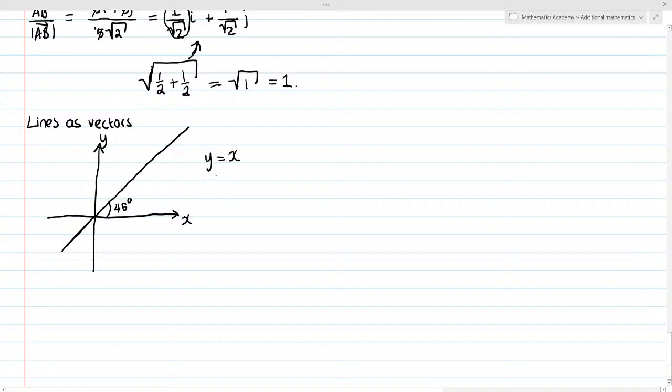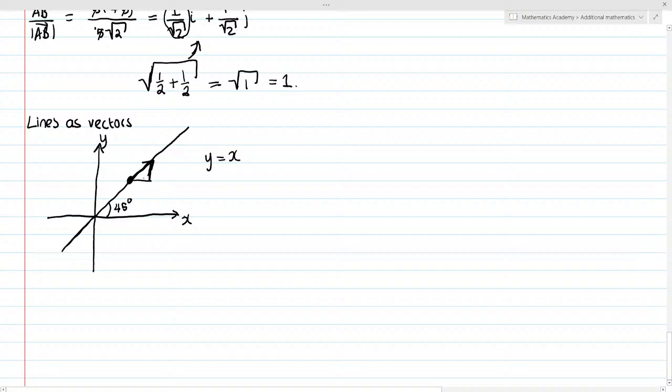Now, how can we represent the same line as a vector? What we can do is think about what makes a line a line. What makes a line is that it passes through a certain point with a certain direction. So it has a slope and it passes through a certain point.